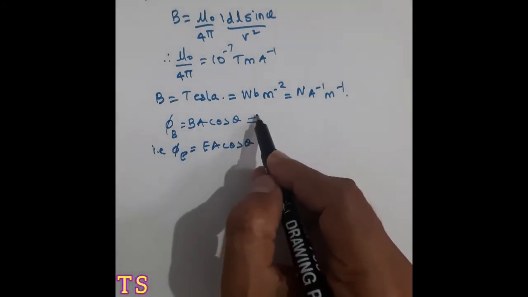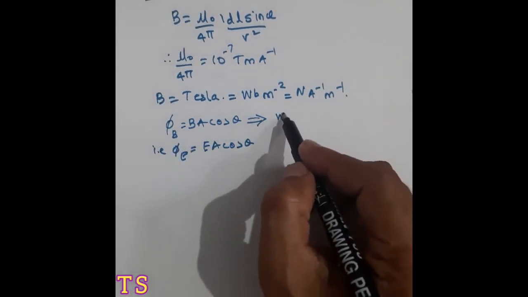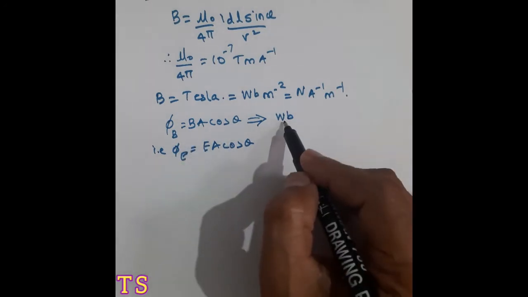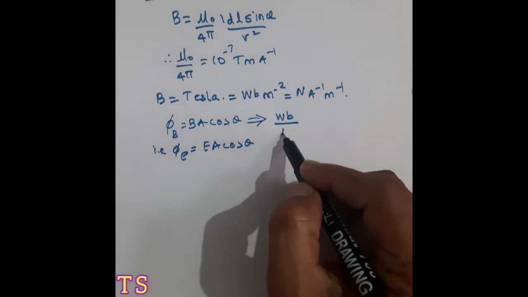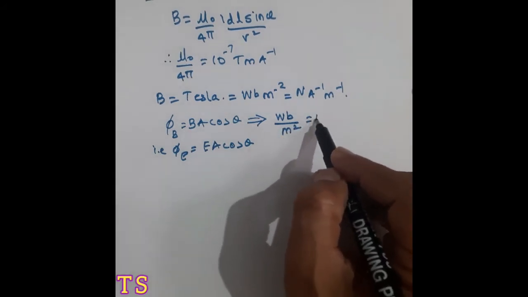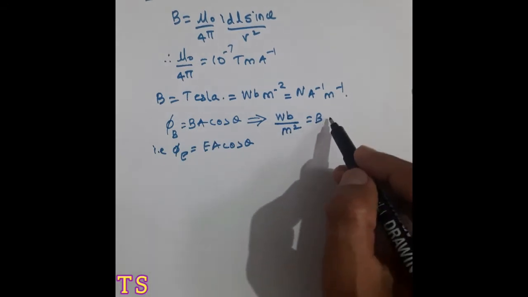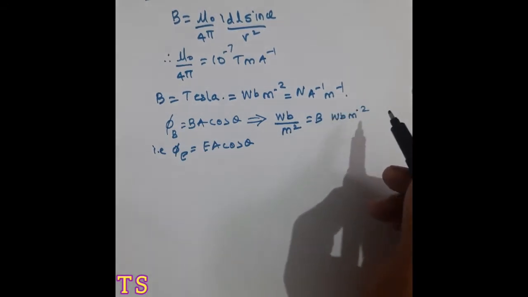So from this formula I know my magnetic flux is measured in Weber, so phi B is measured in Weber. Upon, I take this area down, which is meter square, and I get the unit for B. So I get this unit of B as Weber per meter square.